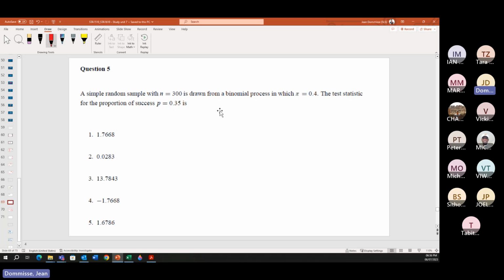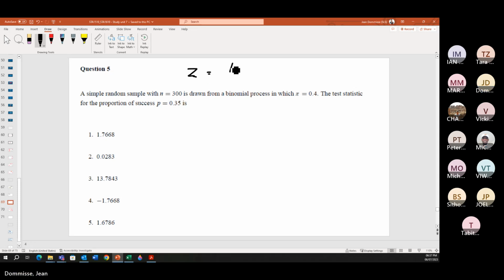So with this one, they are basically asking us, again, we're working with binomial. So we are looking to work out the t stat that we need to. So we need to work out the z. So again, when we get there, I'll talk about it a bit more.